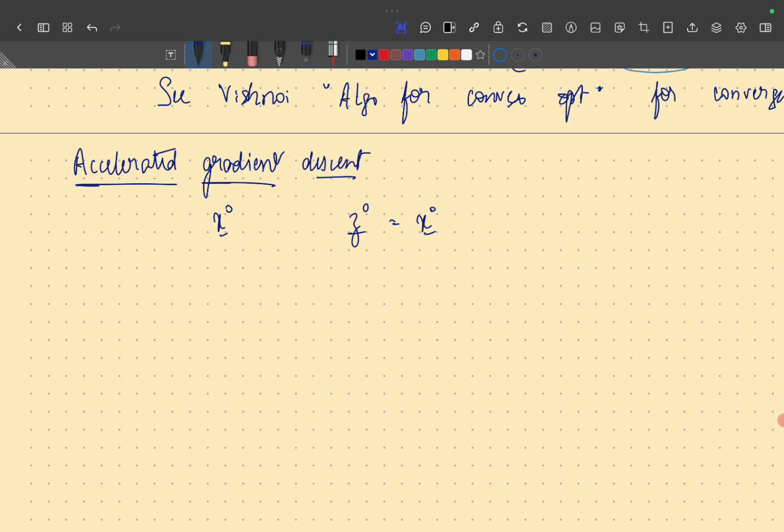I'm going to have another two sets of variables. In every step, I'm not just going to update x, but I'm also going to update z and some other parameters. So I'll define gamma 0 to be equal to 0, lambda 0 to be equal to 1, and gamma 1, gamma 2, gamma 3 are all equal to 0.